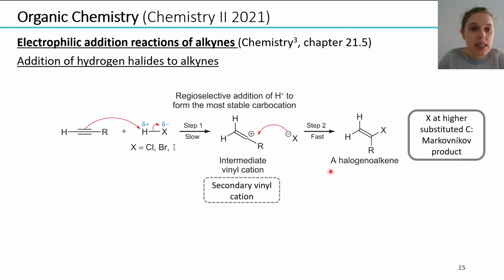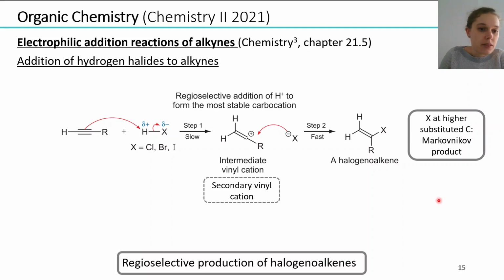Then in the second step, we have the attack of the halide ion, and we end up with this halogenoalkene. Important here is that based on the Markovnikov rule, we have the halide always at the higher substituted carbon.